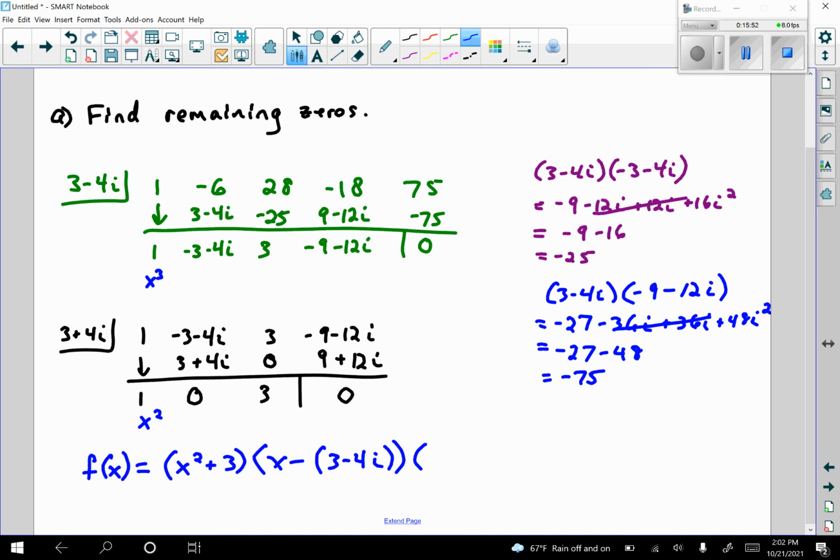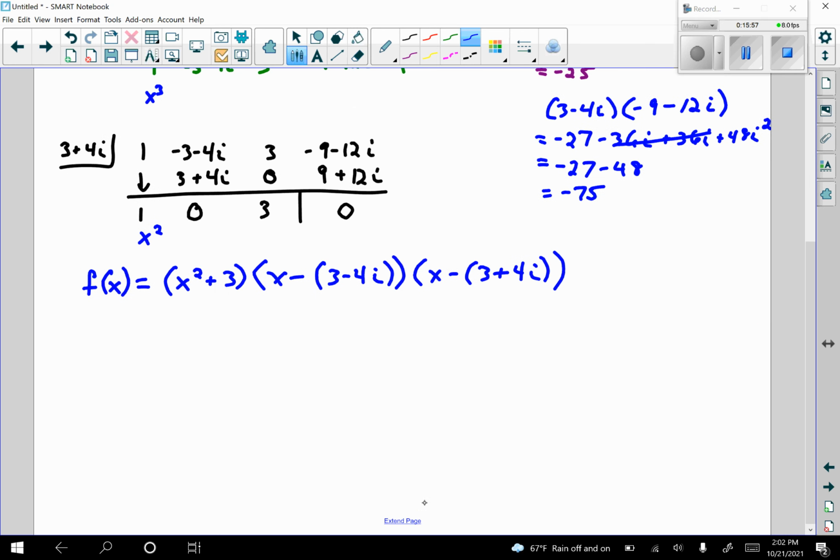And then I'll have x minus the quantity of 3 plus 4i. So now what I could actually do is just take all these factors. So this would be if you were asked to write this in factored form. And then I can get my other zeros here.